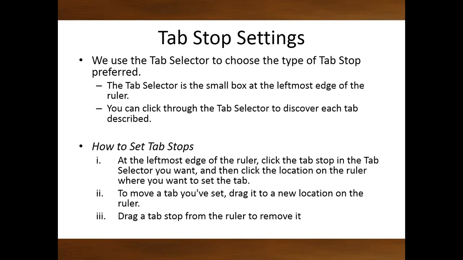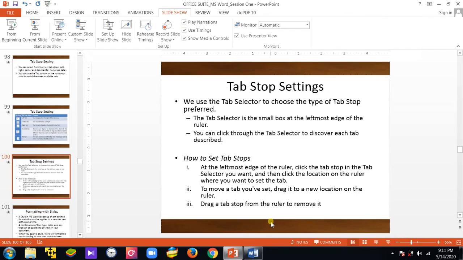To move a tab you set, drag it to a new location on the ruler. To remove a tab stop, drag it down from the ruler. That is, if you don't need a tab stop anymore, press and hold on that tab stop and drag it down. The moment you drag it down, that tab stop is removed. So let's have a demonstration as usual.